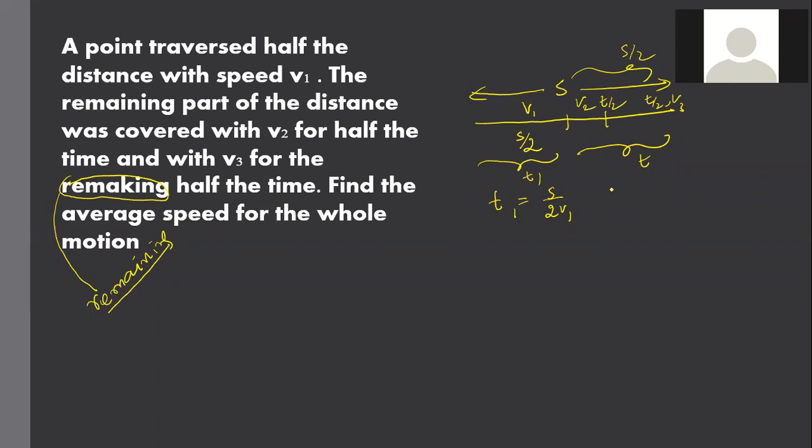Sir, we can write T by 2 in terms of v2 and v3 and equate them both. Come on, tell me, and what should I write now here quickly? I don't know how much distance it covered in T by 2 times. I'll call it say x1, for example. x1 equals v2 into T by 2. That x2 equals what? v3 into T by 2. Sir, we can write x2 as S by 2 minus x1. Doesn't matter.